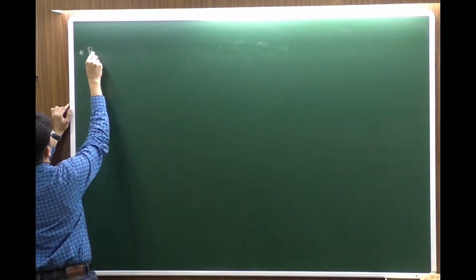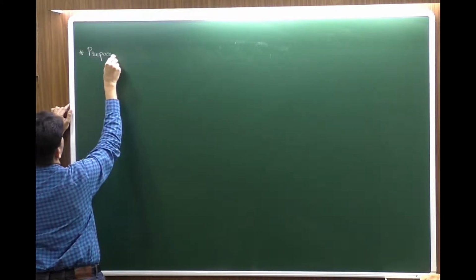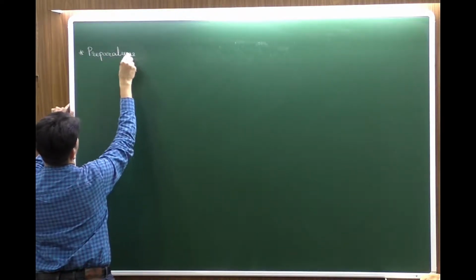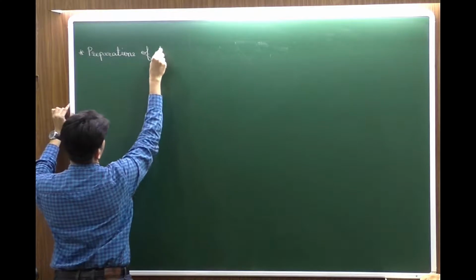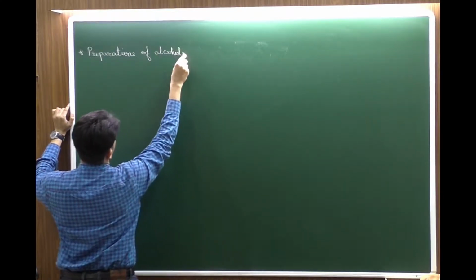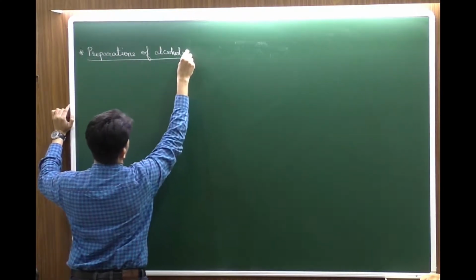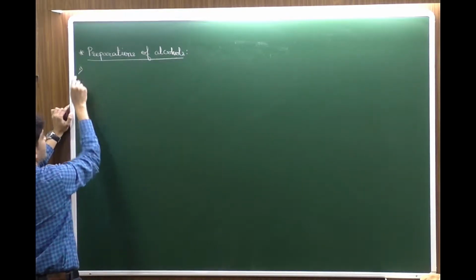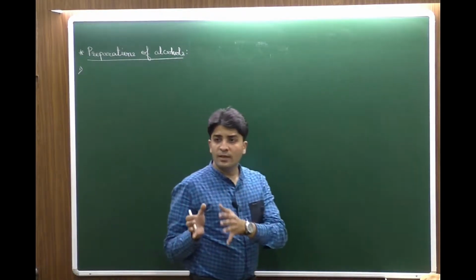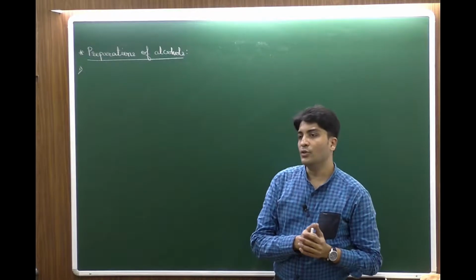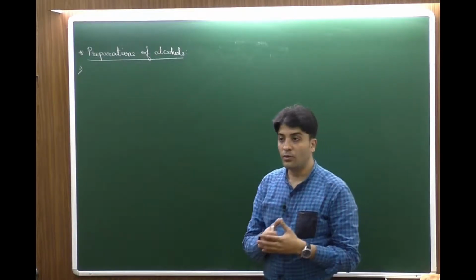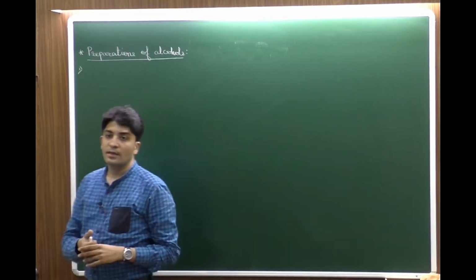Next, we'll start with the preparation methods of alcohols. Now, the first preparation is similar to what we had discussed in alkyl halide. If I want to convert an alkyl halide into alcohol, I'll use alkaline hydrolysis, that is aqueous KOH.